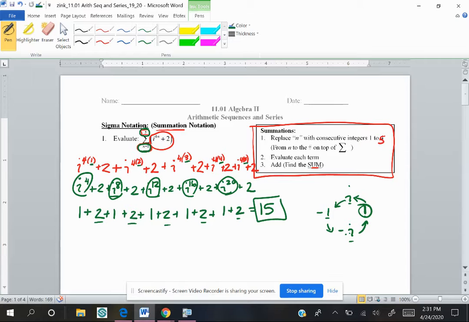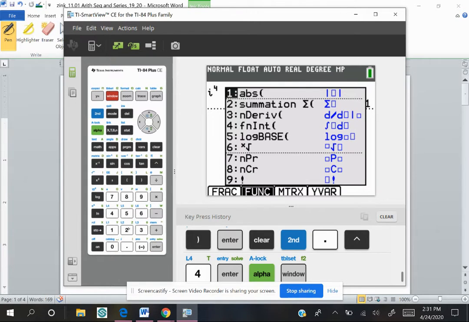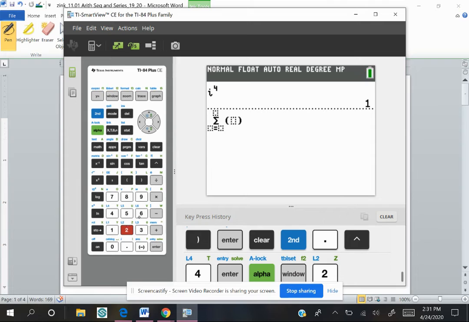Now I want to talk about how you can actually do this right in your calculator as well. Obviously, I want you to be checking it in your calculator, showing me all the work. So to check it in your calculator, you're going to hit Alpha Window, and then I'm going to hit choice 2, which is your summation. And I'm going to type in X equals, and my bottom number was 1.